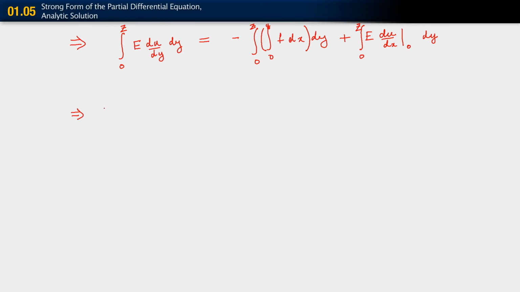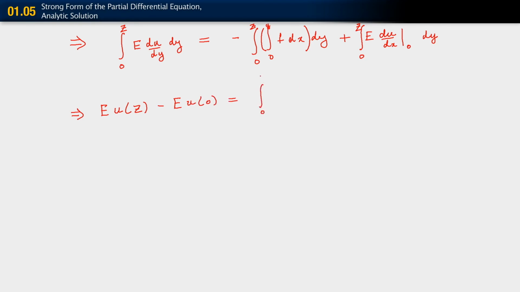What we get here is now E U at Z minus E again U at 0 equals everything that we have here on the right hand side, correct?